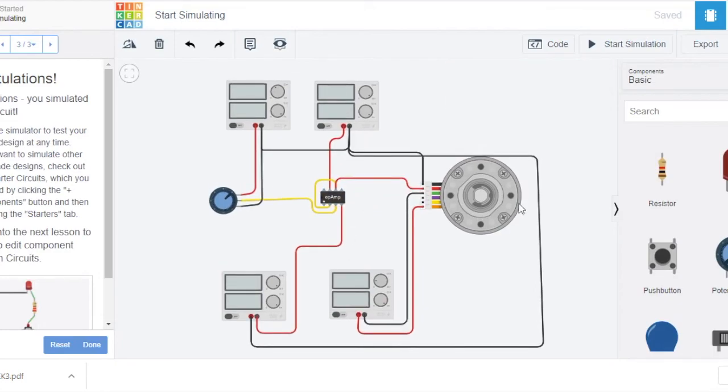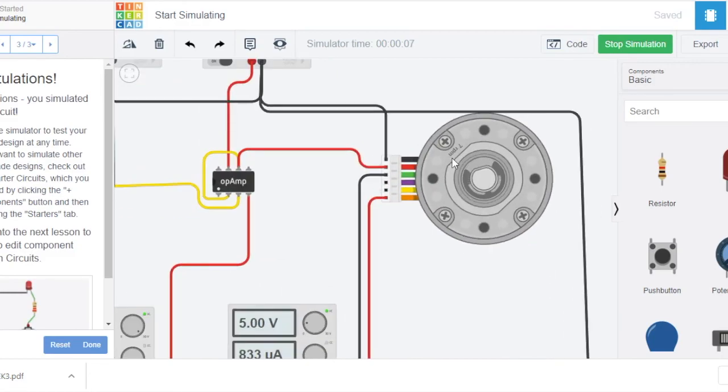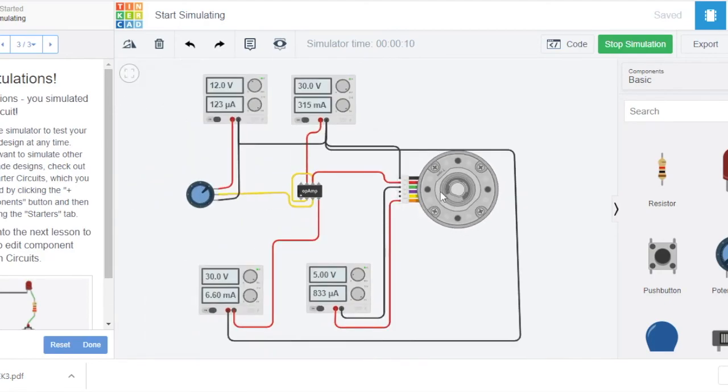Okay, we start the simulation. Okay, we can look at the motor. Sensitivity of our motor is 7 rpm for the embedded motor. 7 rpm. Okay. This is for the embedded motor.